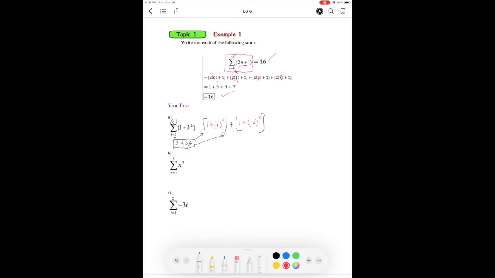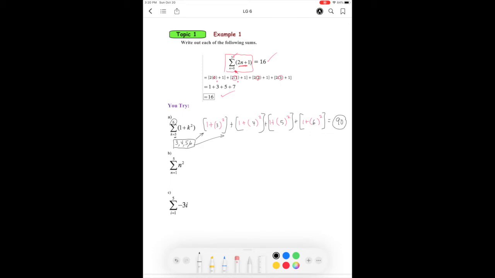And then I do the next one, 1 plus bracket squared. I add that one and I put in 5 because it's next. And then I add 1 plus bracket squared, and now I put in the 6. Then I type all that into my calculator, and out comes a total of 90.